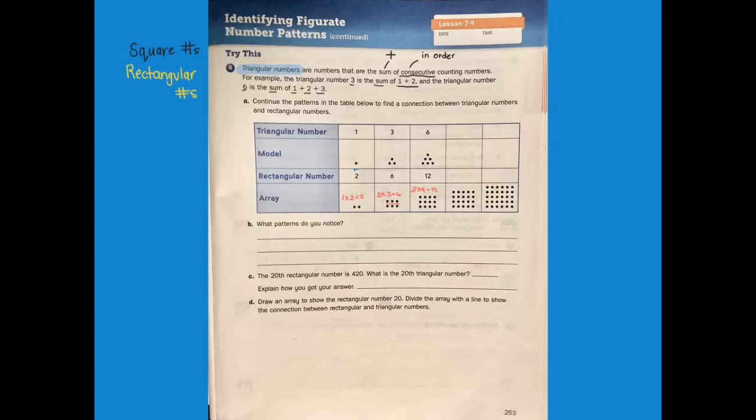I noticed that I could split my little dots into rows. There was 1 dot in this row and 2 dots in this row. Then I thought, wait a minute, 1 plus 2 equals 3.